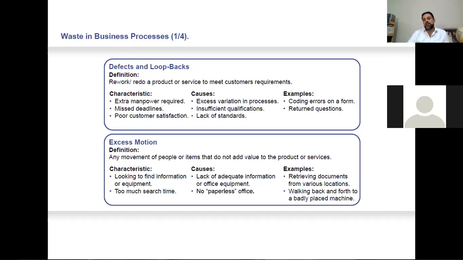Going to the excess motion, sometimes a junior estimator does it and gives it to a senior estimator, then the senior estimator gives it back to him, then the junior estimator asks for the quotation from procurement, and procurement gives him the quotations, then he goes back to the senior estimator, then the senior estimator asks him to check from the store how much they are buying it for.